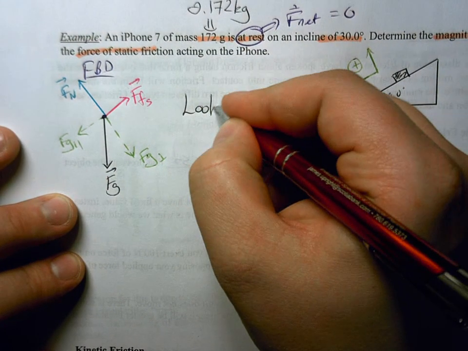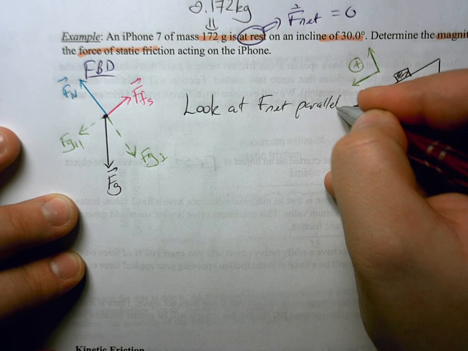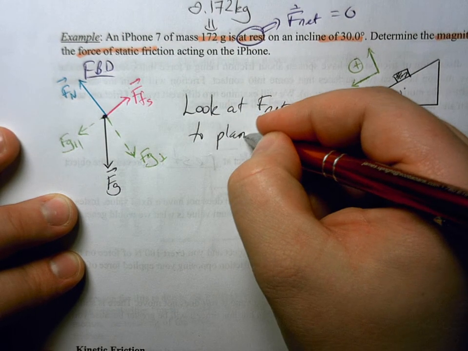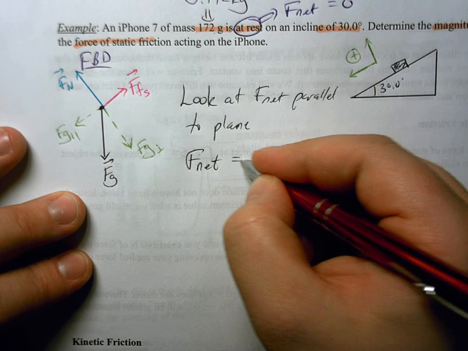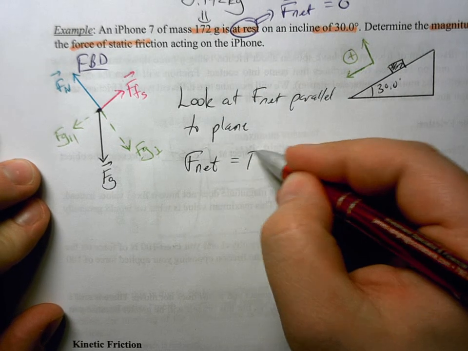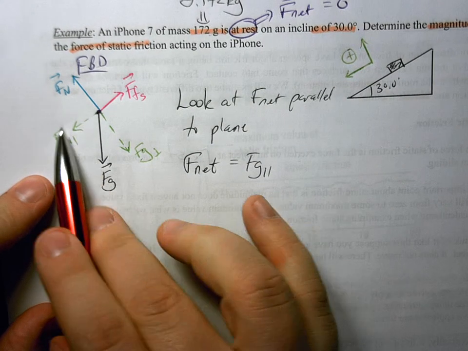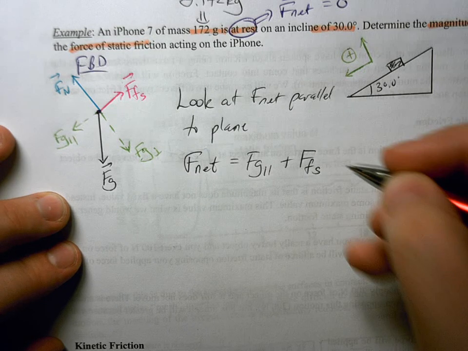So we're going to look at the net force parallel to the plane. Parallel to this plane, I'm going to have this force of gravity parallel, because this is the piece acting parallel to the plane. And then I'm going to have this force of static friction.